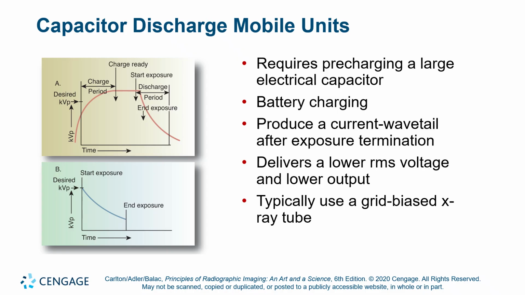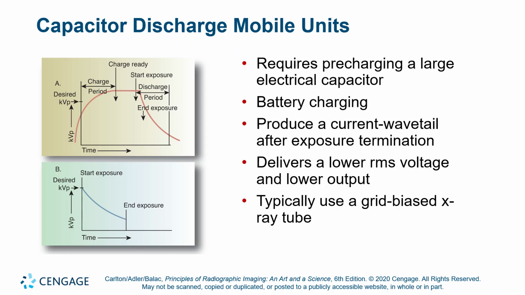Now you typically run with, see the bottom one, the green, diagram B. You typically set your kVp higher with a capacitor discharge machine because you know it's going to bottom out through the exposure. You're going to lose as much as 30 or 40% of your total kVp. So let's say you normally shoot a knee at 60 or 65 kVp, you're going to shoot at 85 on a capacitor discharge machine because it's going to plummet from 85 down through the 70s and finish up at about 50 kVp.